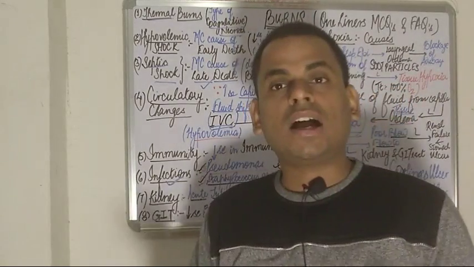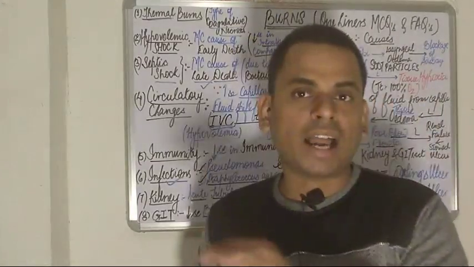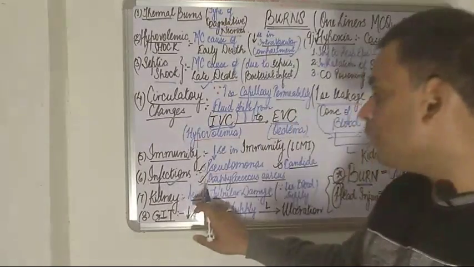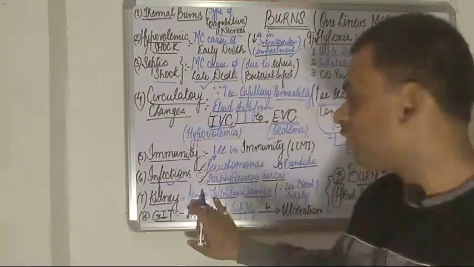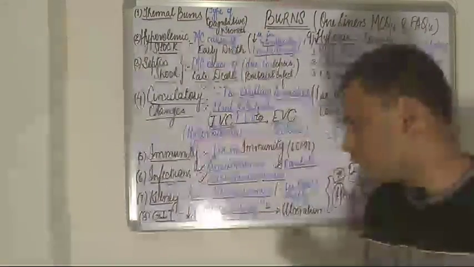The kidney is suffering from an ischemia due to a highly concentrated blood. The blood volume has reduced. So due to ischemia, the kidney is going to suffer from acute tubular damage since there is a decreased blood supply to the kidney.